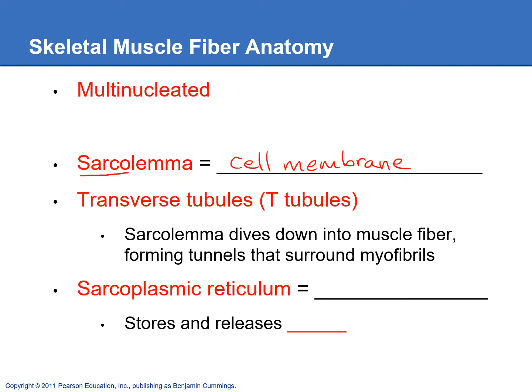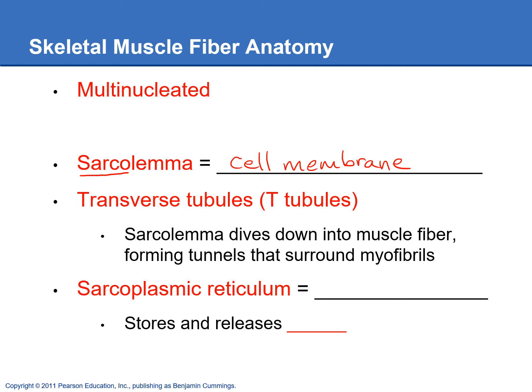So sarcolemma is just talking about the cell membrane or plasma membrane of the muscle cell or muscle fiber. And then what the sarcolemma will do, and we'll look at a picture here in a minute, is it forms these little tunnels or T-tubules that will dive deep down into the muscle cell. And they will surround the bundles of contractile proteins, the myofibrils. And we'll talk about their function a little bit later.